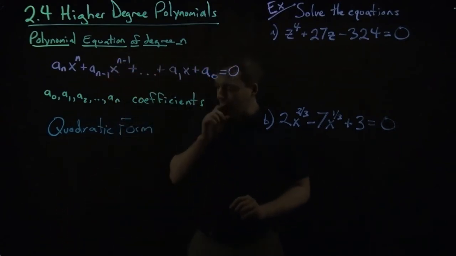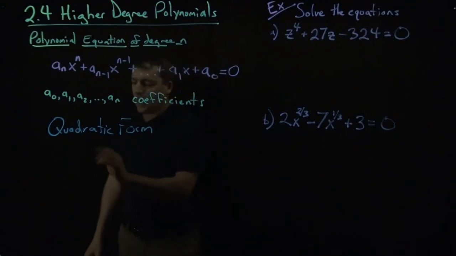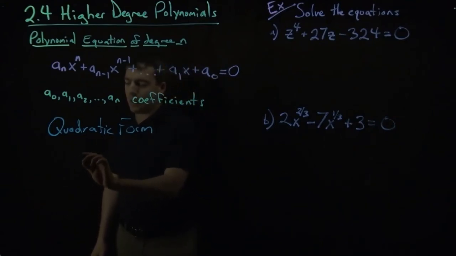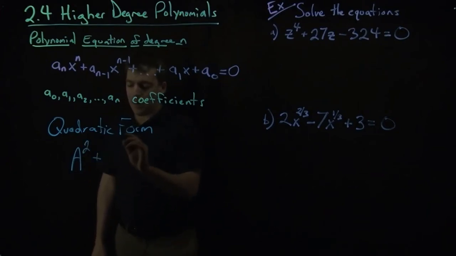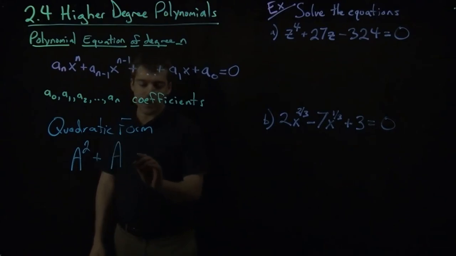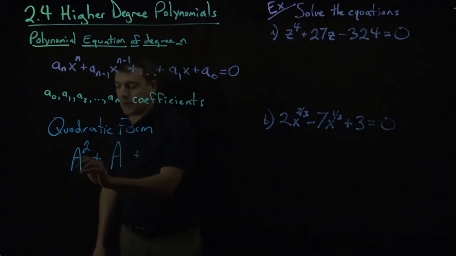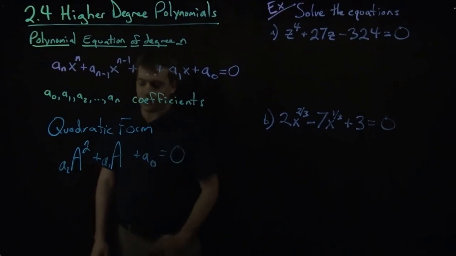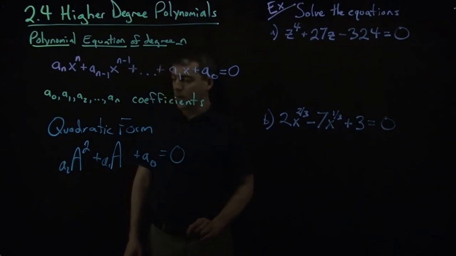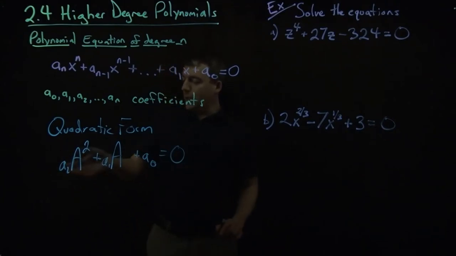So we're interested in quadratic form, and that's something we can write as a2 A squared plus a1 A plus a naught equals 0.